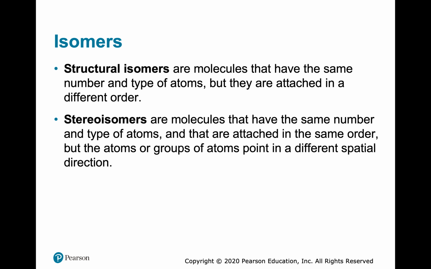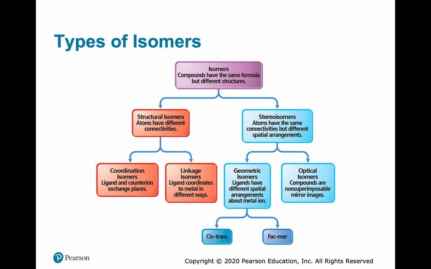So hopefully this is not your first lecture coming in, but I'm sure you know isomers are the same number and type of atoms, but they have different connectivity. Stereoisomers have the same connectivity, but they are mirror images of each other, so they are optically active. This should be a review for you in general.